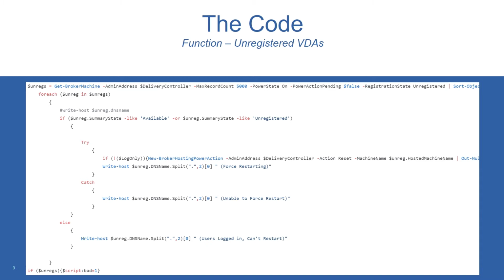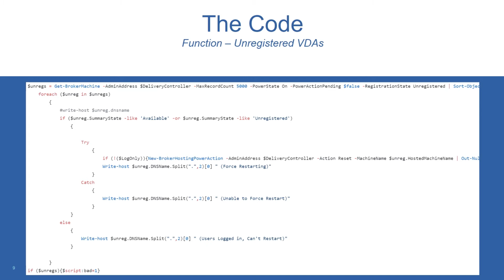In this case, we're trying to get the registration states of the unregistered machines. We'll sort them in a way. If the summary state is unregistered, then we're going to go down and do some sort of power action to make sure it's not unregistered.